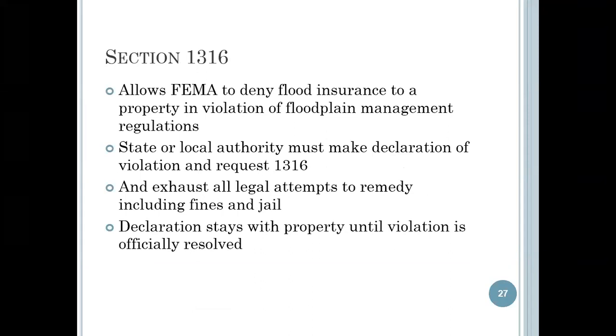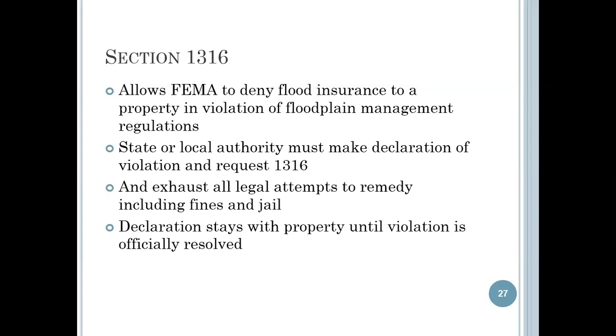1316, again, just as a rehash, allows us to penalize an individual property owner who has gone through all of the legal hoops required by a community, fines, penalties, stop work orders, even jail time, to bring that structure into compliance. They will submit all of the documentation that the community has developed to try and meet that requirement, and they submit it to FEMA and request a 1316.